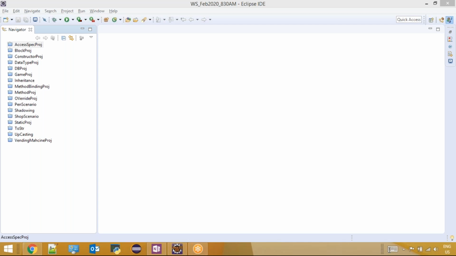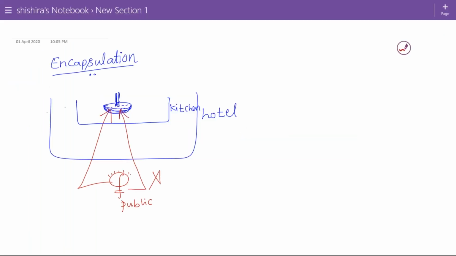I'll explain why. The reason is pretty simple. If they allow you to directly go to the kitchen, let's imagine you paid for one idli and one vada, or two idlis and one vada, right? So now you have paid it, taken the coupon also, right? And assume that you directly go to the kitchen.